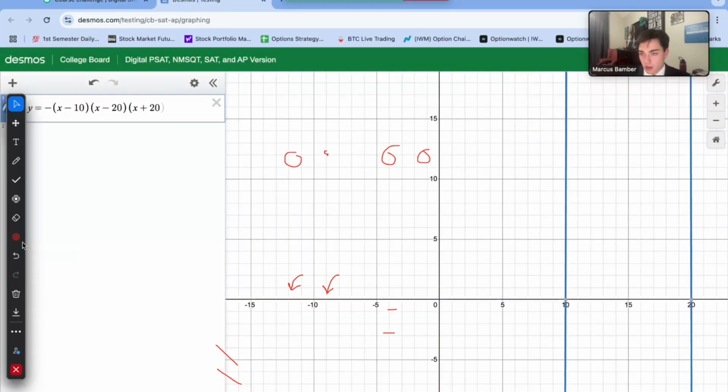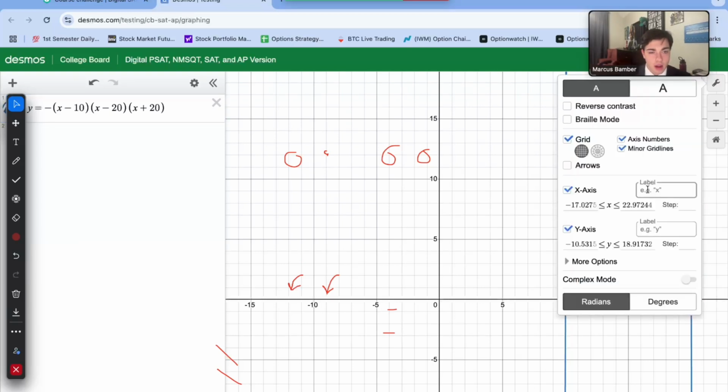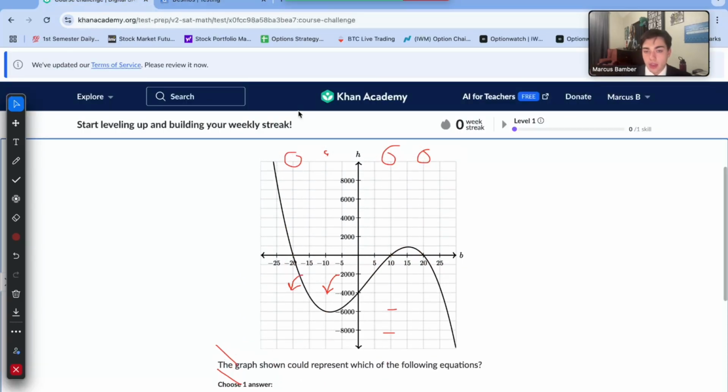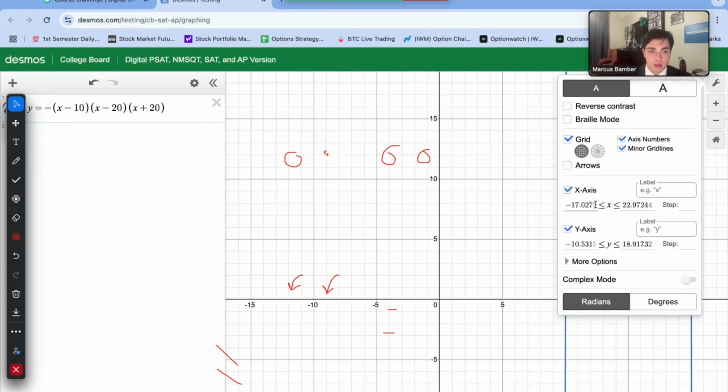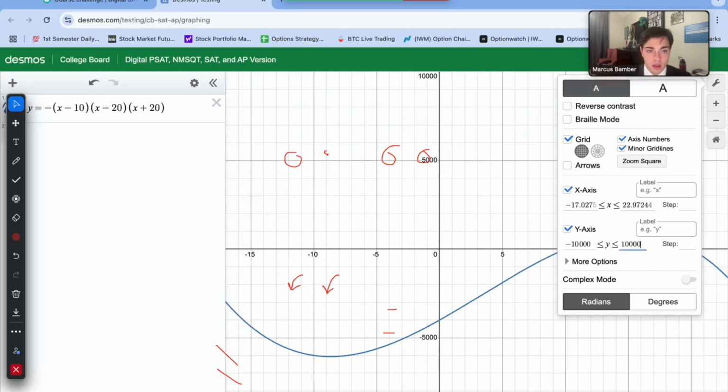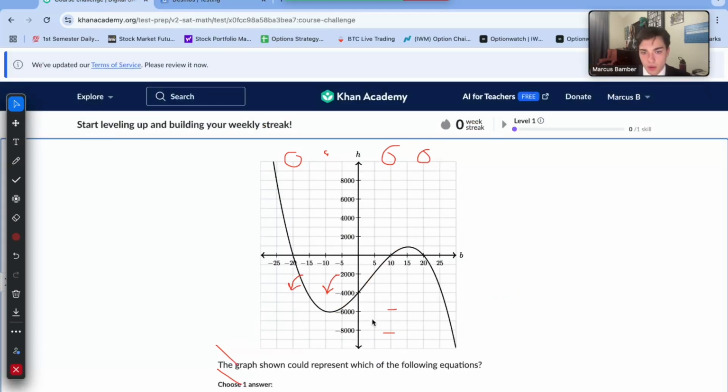Okay, we're going to adjust our axes. So as we can go here, we can adjust our y-axis to go from negative 10,000 to positive 10,000. And then our step is, I believe, here it was 1,000.